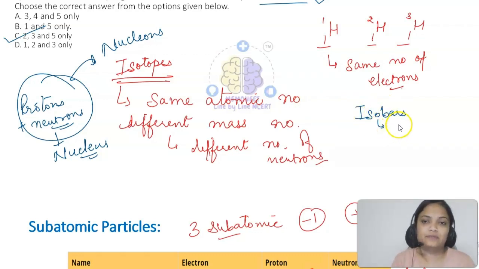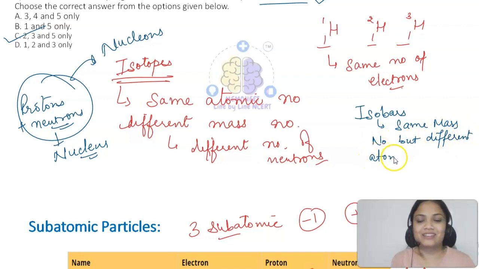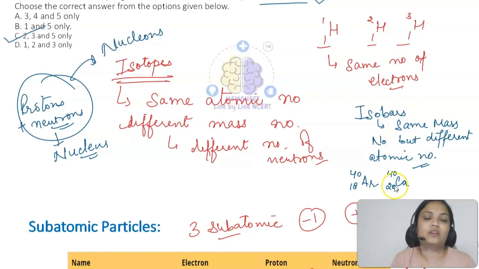They have the same mass number but different atomic numbers. For example, argon and calcium both have mass number 40 but their atomic numbers are different.